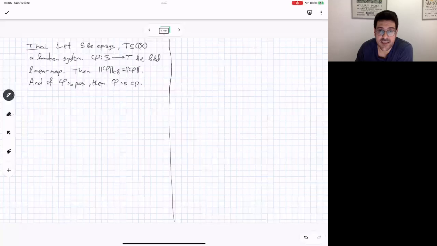And I claim that this is immediate. Why? Because we just need to think about the evaluations, and the evaluations are going to be linear functionals. And we proved it for linear functionals. So we are more or less done. This is what I claim. So proof.